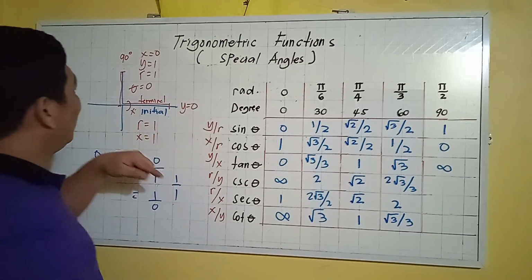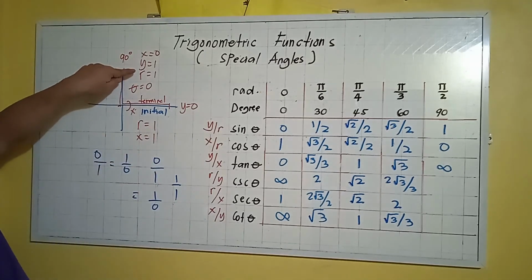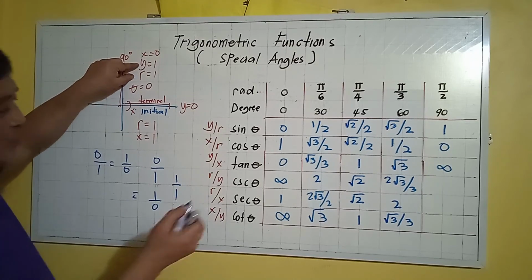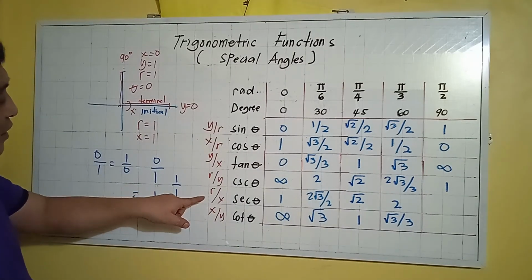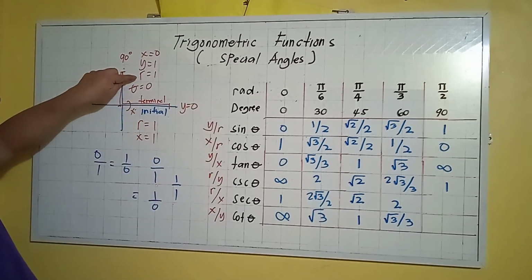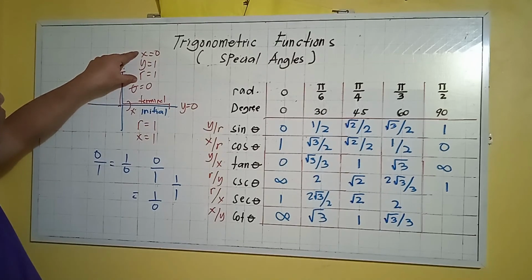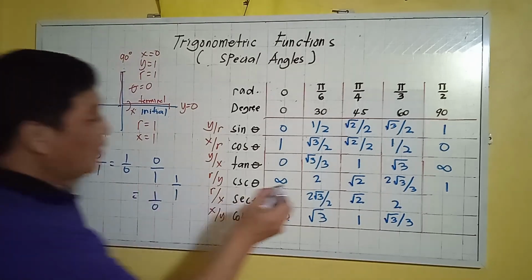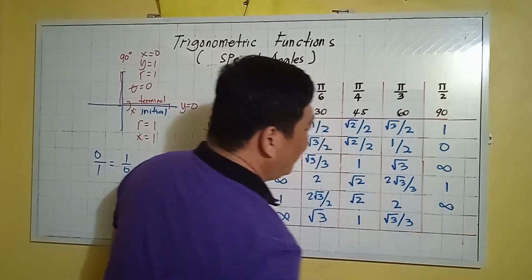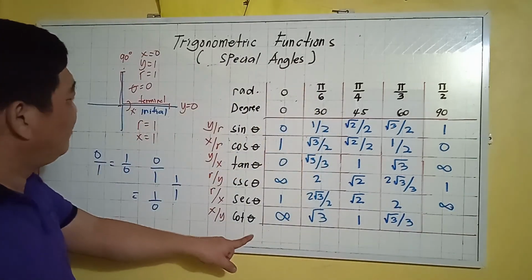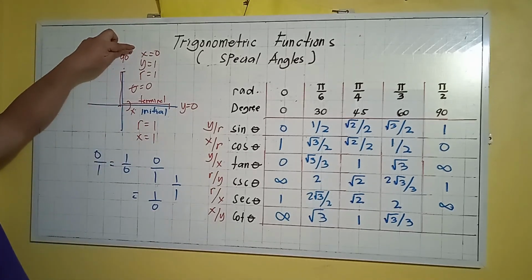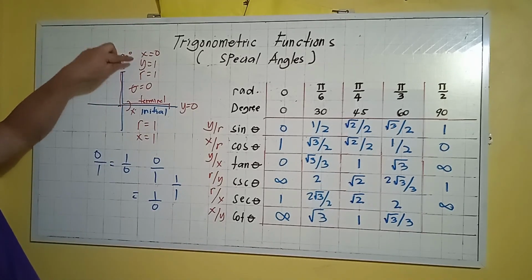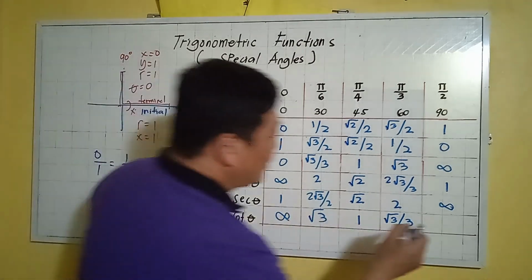We have r over y, 1 over 1, that is equal to 1. And second is secant, r over x, 1 over 0, that is infinity. Cotangent is x over y, 0 over 1, which is equal to 0.